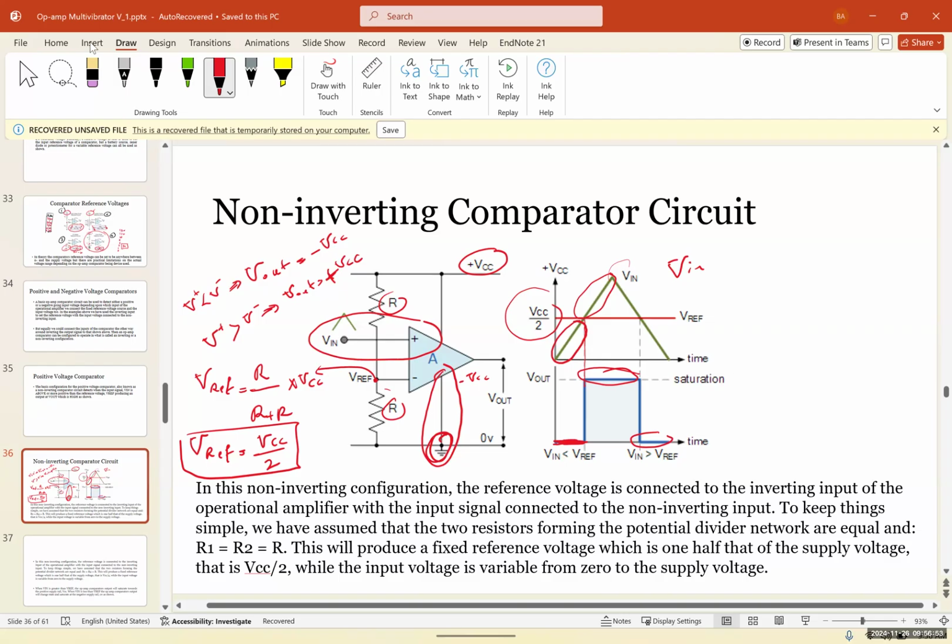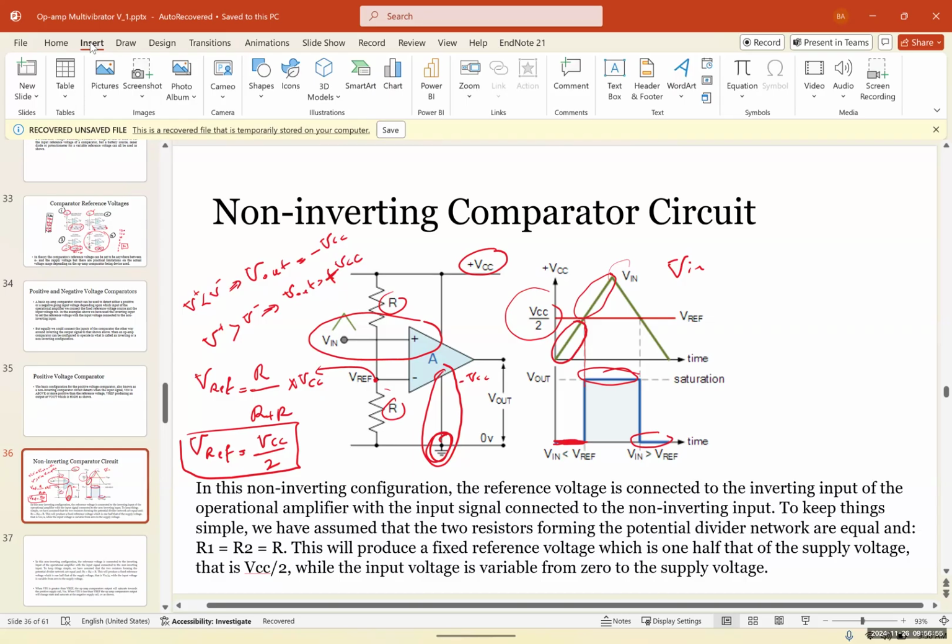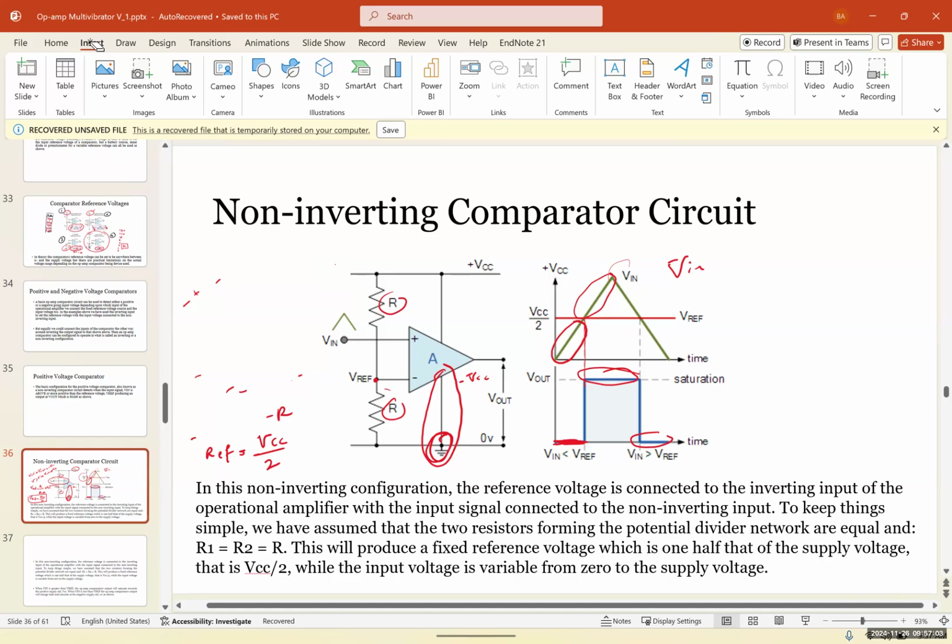So let's solve a quick practice problem. For the following circuit, VCC is equal to 9 volts.